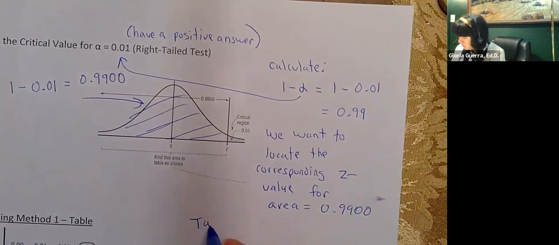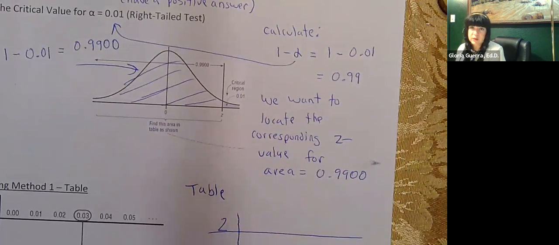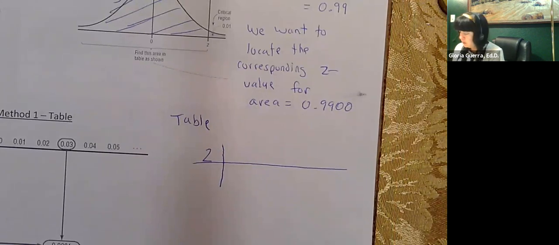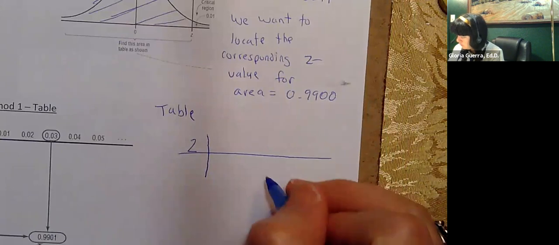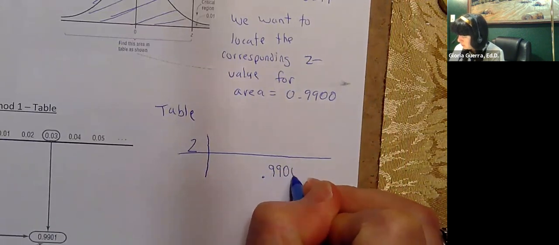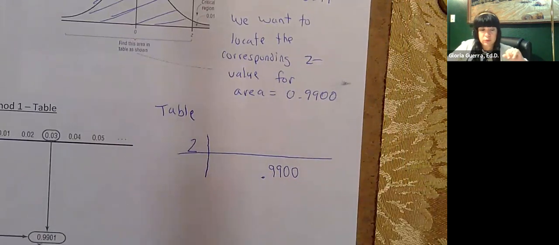So if I use the table instead of the calculator first, most of the time, 90% of the time, the table is going to be the same as a calculator, but every now and then we're off a little bit. But you want to look for 0.99, basically.